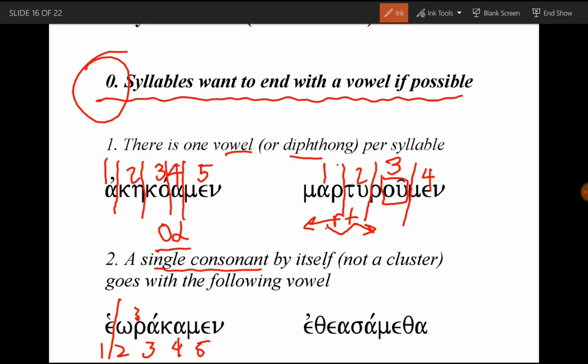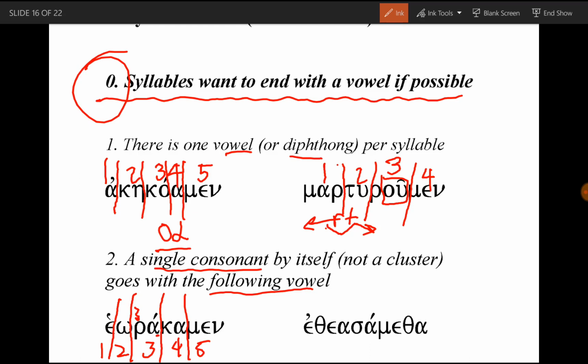A single consonant by itself will go with the following vowel, so it's not going to be a part of the omega. It's going with the following vowel, the alpha. So I would divide it this way. This is he-o-ra-ka-men. He-o-ra-ka-men. So this syllabification has 5 syllables, 5 vowels.